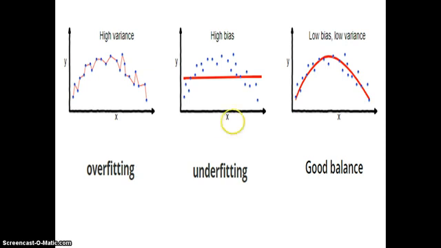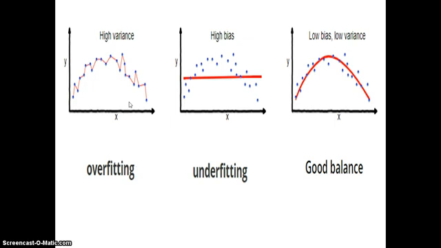In high bias, the predicted data is far from the actual data, how far it is is denoted by the bias, so it will cause underfitting. Whereas in variance, how the predicted data is spread from the actual data is explained by the variance, so it will cause overfitting.